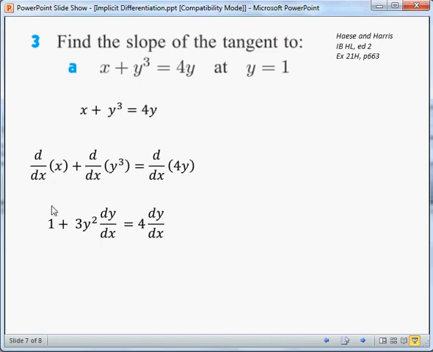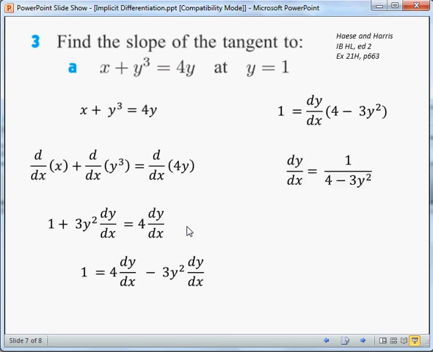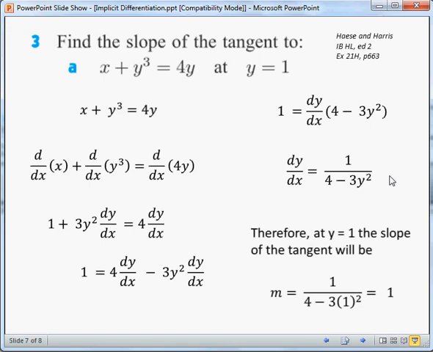The derivative of x with respect to x is 1. The derivative of y cubed with respect to x is 3y squared times dy/dx. The derivative of 4y with respect to x is 4 dy/dx. We've got dy/dx on both sides, so we'll simplify and factorize, get dy/dx equals 1 on 4 minus 3y squared. y is 1, and put that in, and the slope of the tangent is 1.